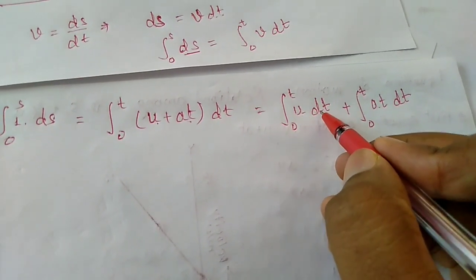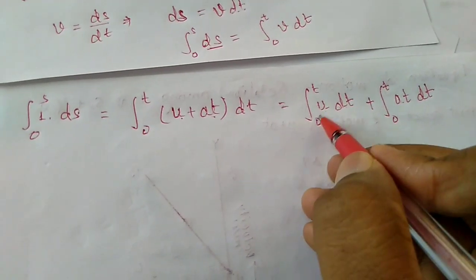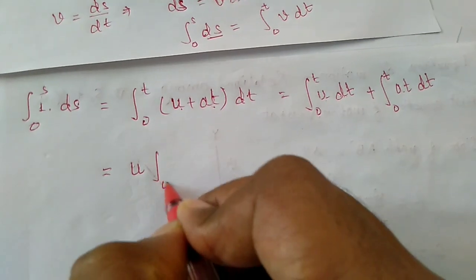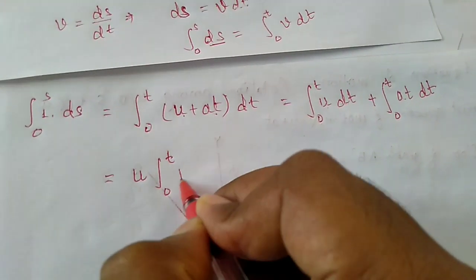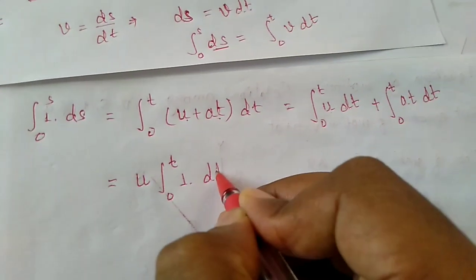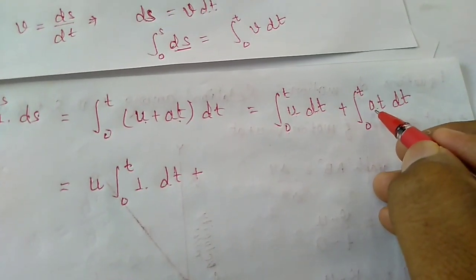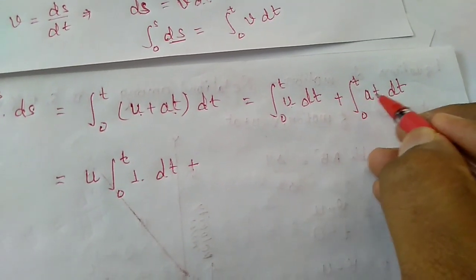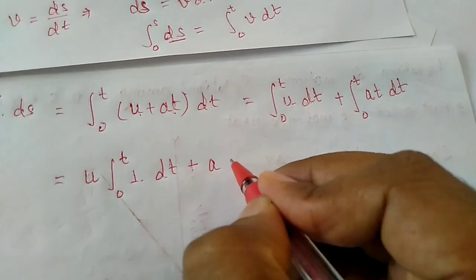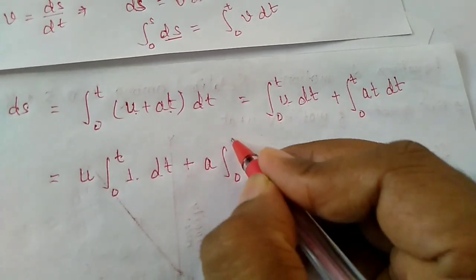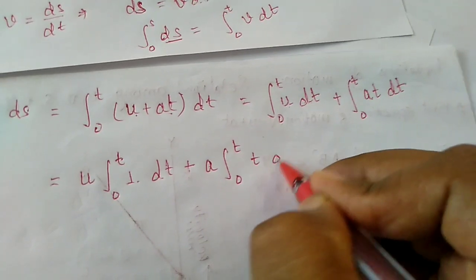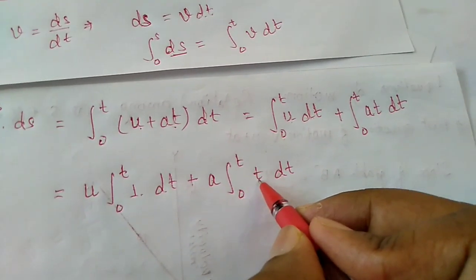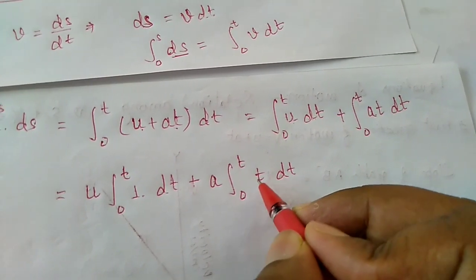Now copying this here, see here only u. u is not having any factor with time, so u will be out. So u is out, integration 0 to t of 1 dt, plus a is not a function of time but t is there, so a will be out but t will be inside. A integration 0 to t of t dt. t is a function of time, so it will be inside.